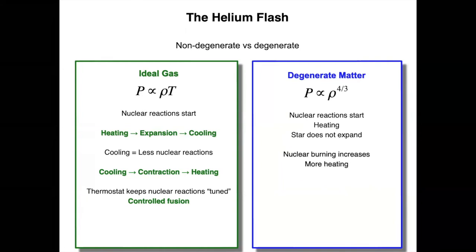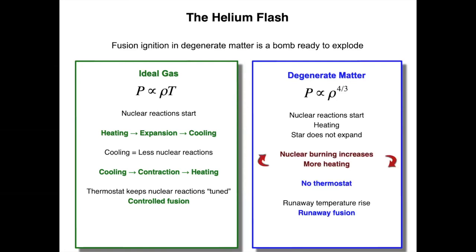The star is not expanding, it's not cooling down. So you produce heating. The heating leads to more nuclear burning. That leads to even more heating. And the process runs away. There is no thermostat. More nuclear burning, more heating, more nuclear burning, more heating, the process runs away. You basically have a runaway fusion.